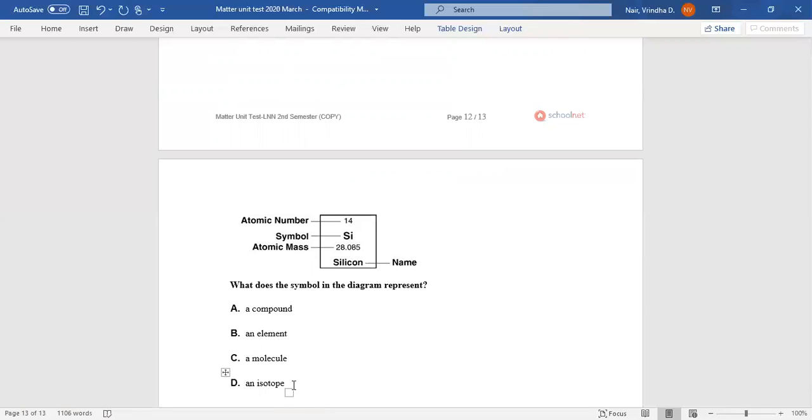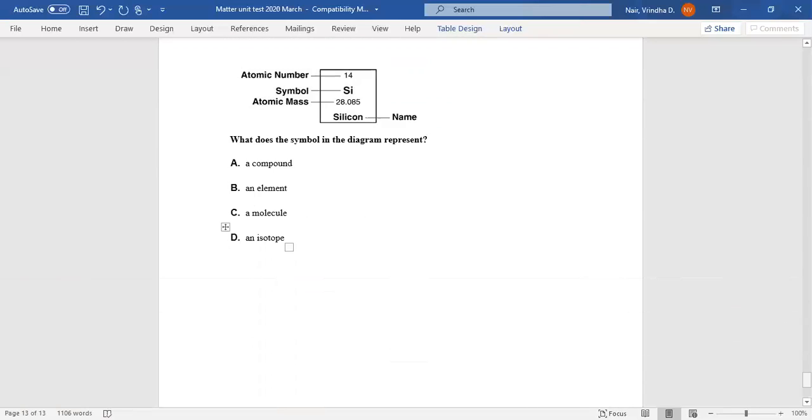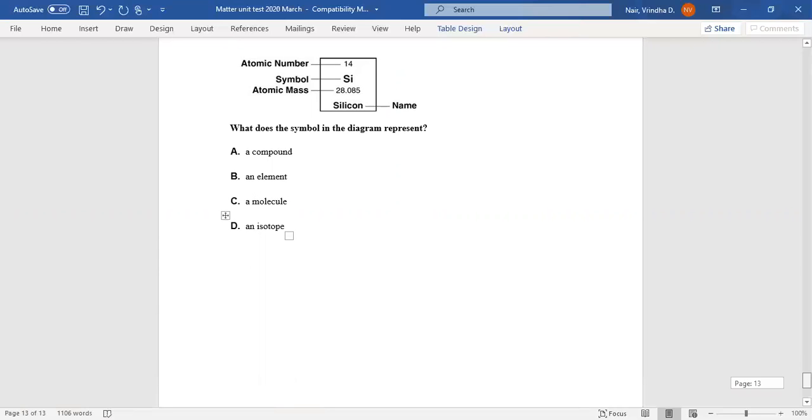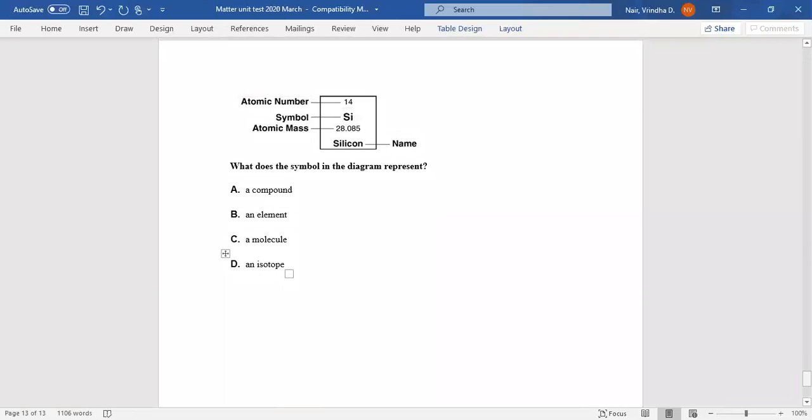Read carefully and then try to answer the question. Once you know the answer, try to read through again. So what is being shown here? Is it an atomic number? Si is a symbol, there is the atomic mass, and then the name of the element is also given. So what does the symbol in the diagram represent?